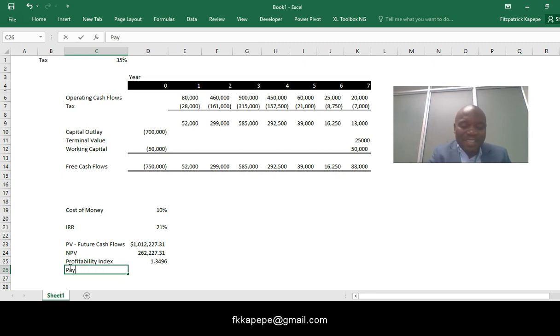So go back to payback. Good. The first thing that we're going to do, guys, and this is what we do in the corporate world, is to come up with cumulative cash flows.